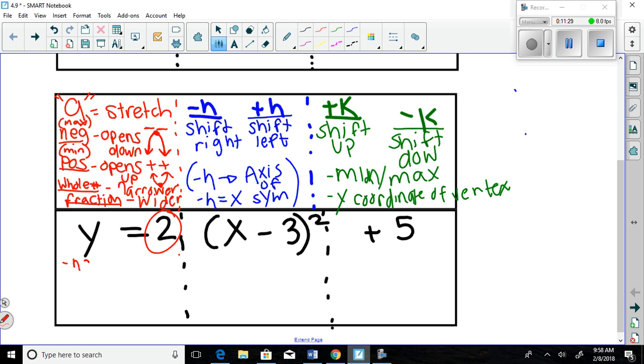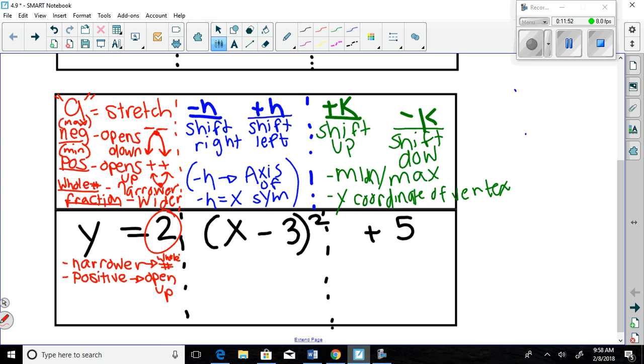Narrower or skinnier, right? We also know since it's positive, is it going to be opening up or down? Good. So since it's positive, we're opening up. And since it's narrower because we have a whole number.